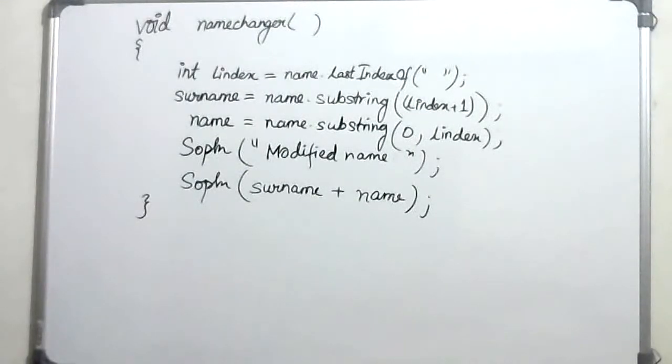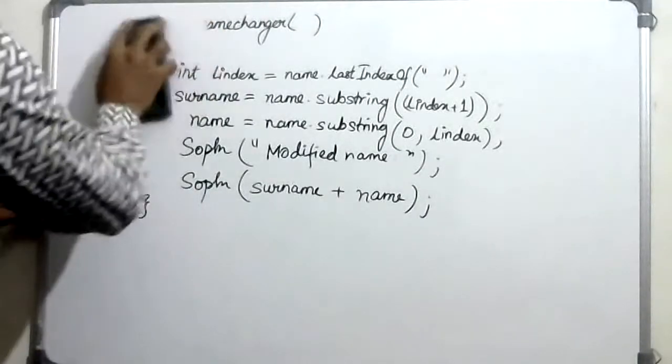Next, I modify the original variable so that it does not have the surname part anymore, because I've already extracted the surname in the variable surname. So I omit the surname part from the original name, and finally I display the surname followed by the name with the first and middle name parts. So that's my void name changer function.